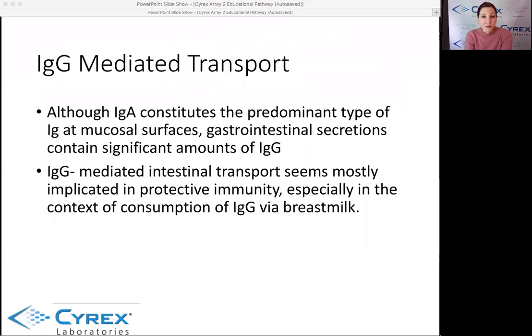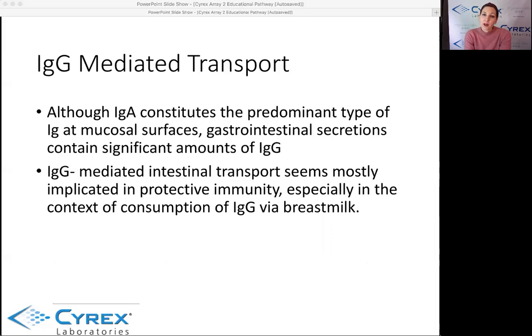Okay, so IgG-mediated transport. So IgA, of course, constitutes the predominant type of immunoglobulin at the mucosal surfaces. But actually, gastrointestinal secretions contain a significant amount of IgG also. And conventionally, IgG is considered protective.